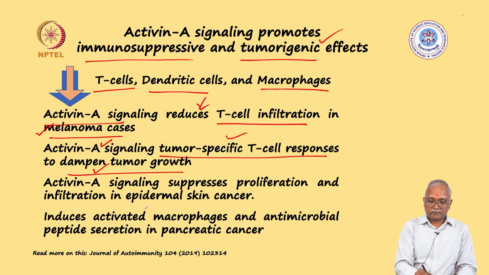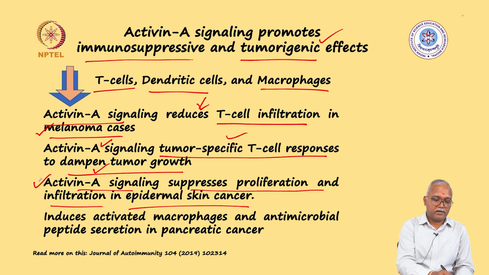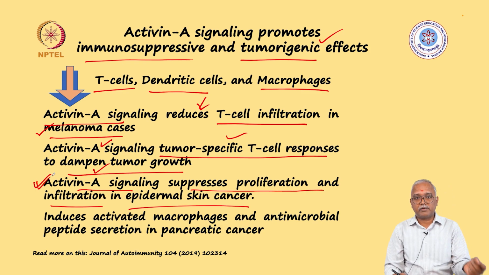In case of epidermal skin cancer, the activin signaling suppresses proliferation and infiltration of particular cell types. So it is different cancer types, different tissue origin and different cues, but one of the final outputs is the growth of that tissue, growing in number, being affected by the activin signaling, and depending on tissue type the response is changing.